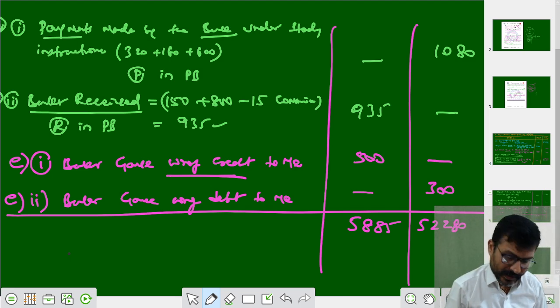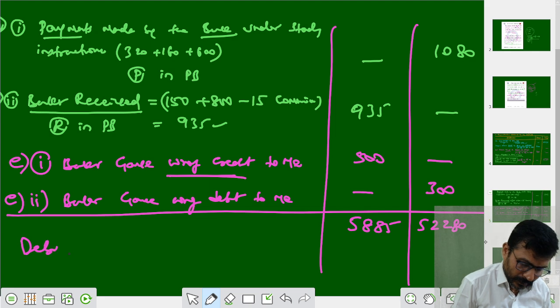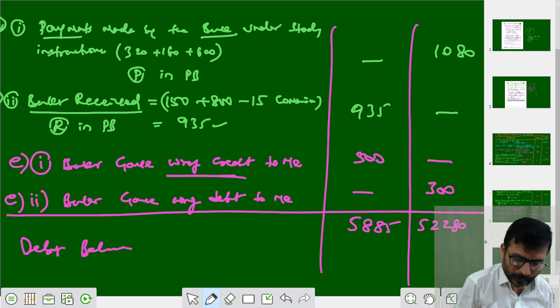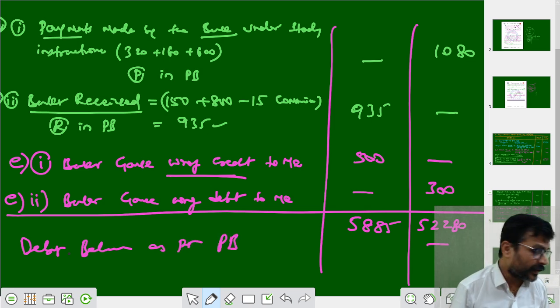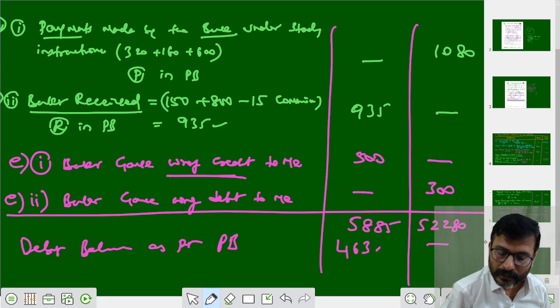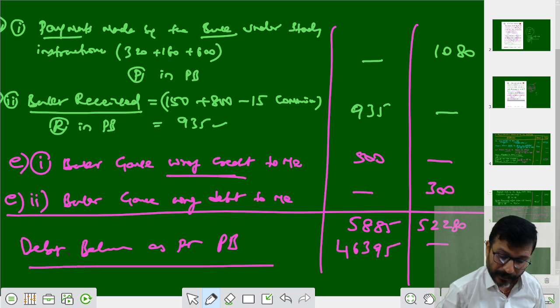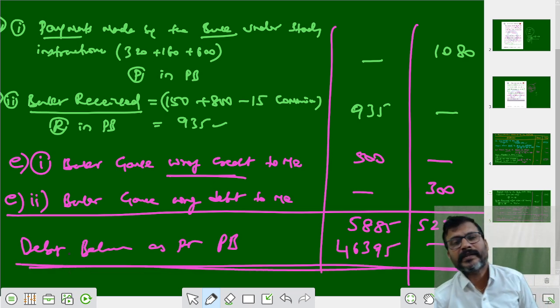Find out the balance. What side do we have? A debit balance as per passbook. How much we are getting? The difference amount is 46,395. This is what our BRS is.